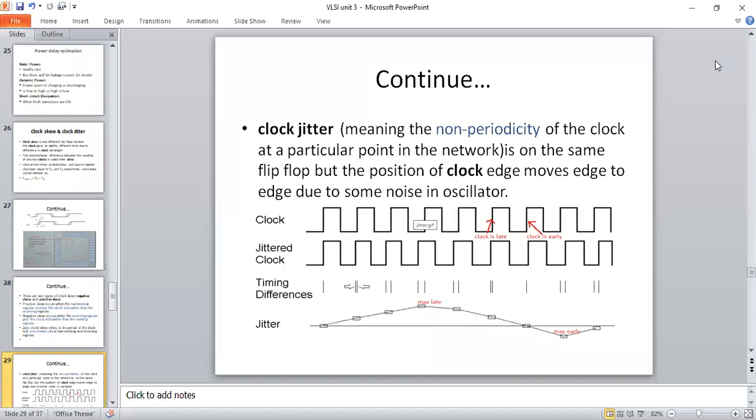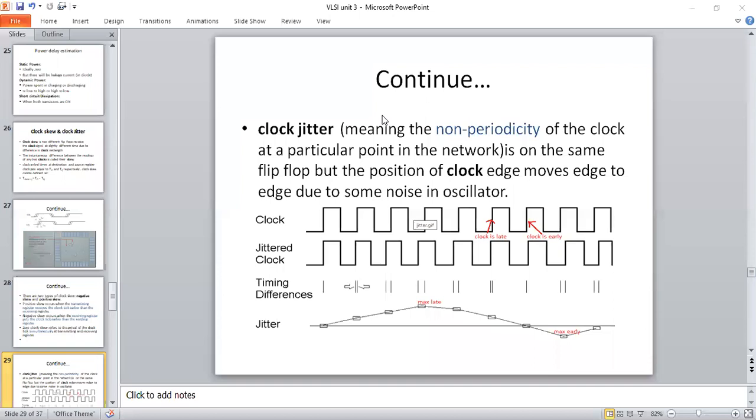So the positive half cycle and negative half cycle will be the same in skew, but in jitter, the time period, that is, the positive half cycle and negative half cycle, will vary. These are called non-periodic. This is the main thing, you have to remember this one.